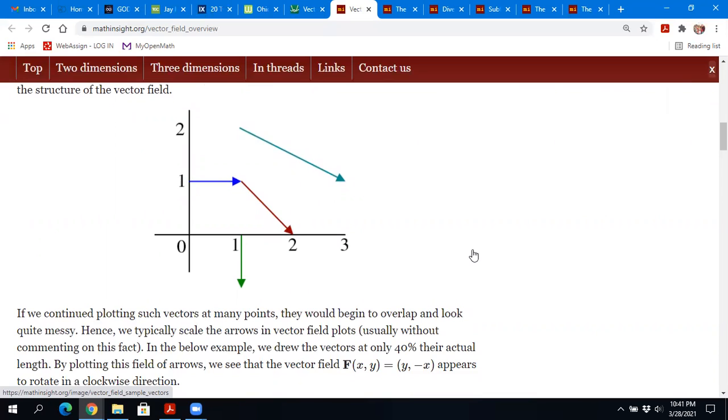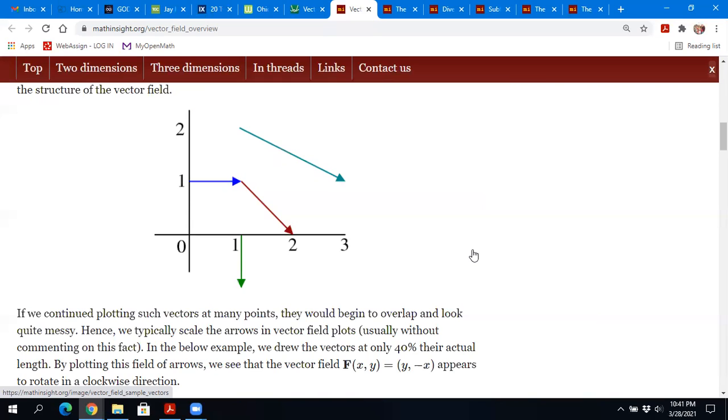Well, it turns out that it gets kind of unwieldy if you try to draw a vector at every point. So what you typically do is pick out a sampling of vectors around the xy plane, if you have a vector field in two-dimensional space, and you just try to get a feel for what's happening by sketching several of them.